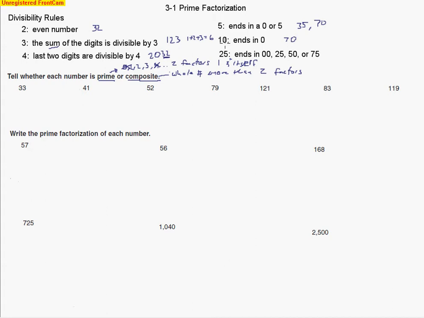And even bigger, you could even do 100. So for 100, it would have to end in 2 zeros, so it would have to be like 600. For 25, it has to end in either double zeros, 25, 50, or 75. So for instance, if I had the number 375, I know I could divide this by 25. And the way I would is, since it ends in 75, you can think of quarters.